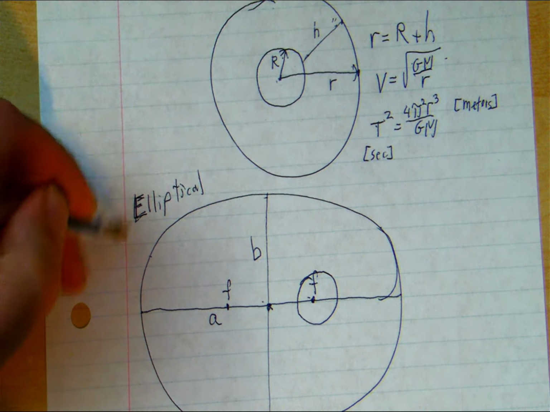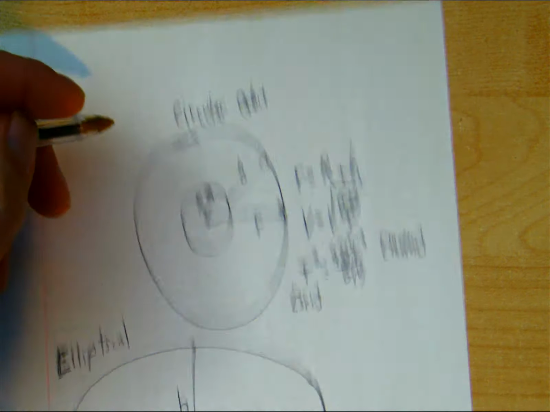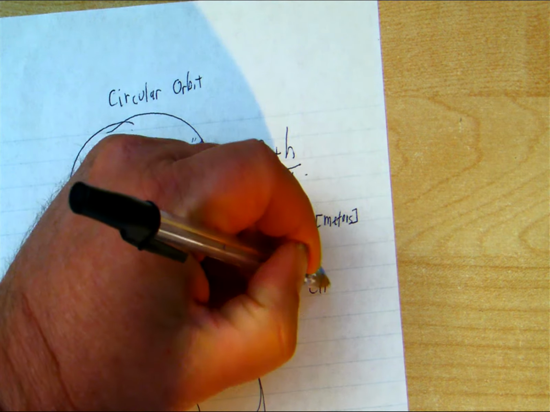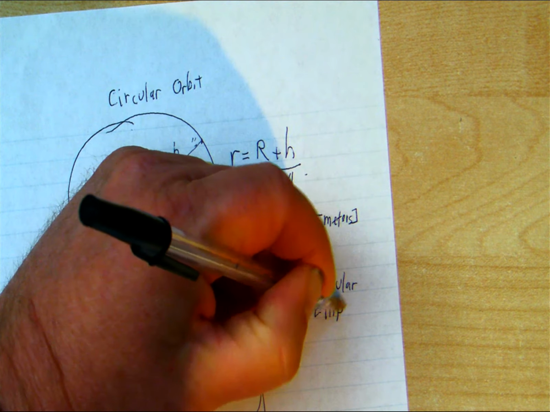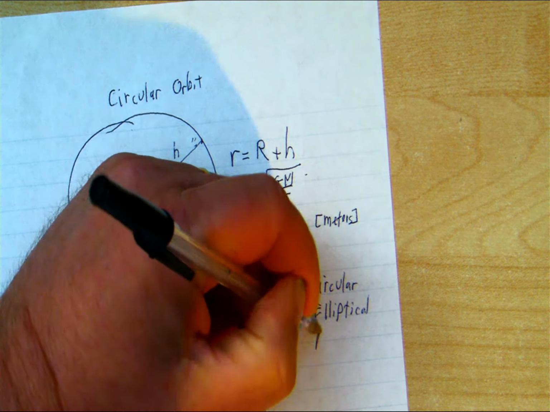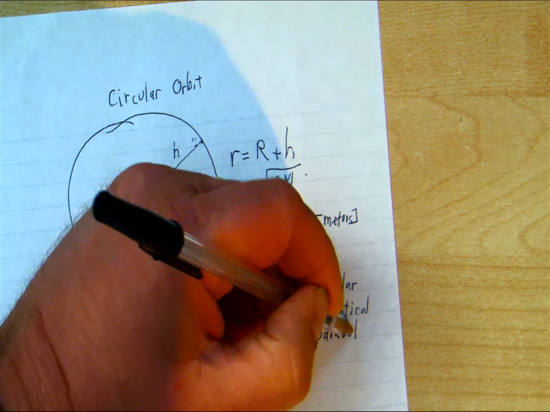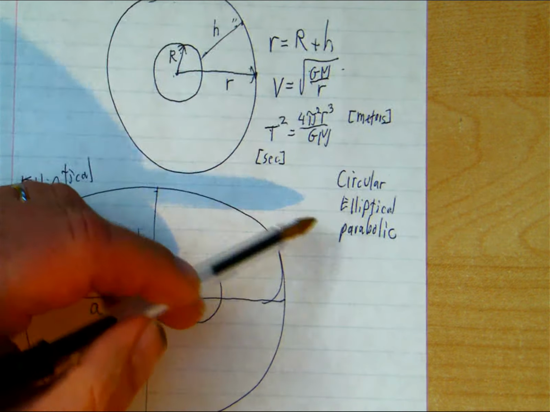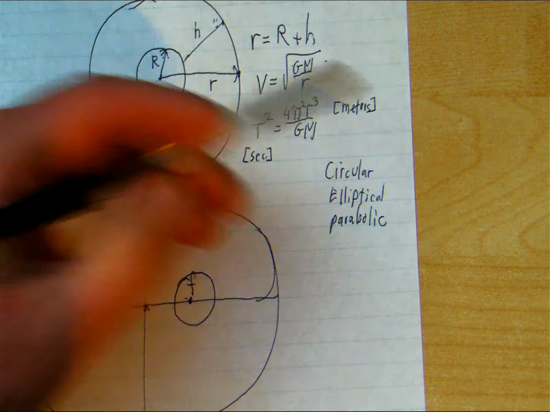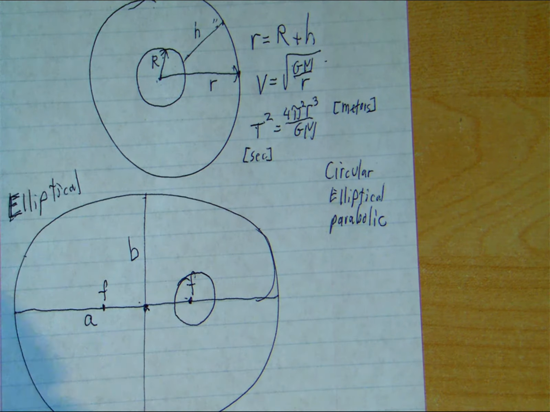As far as conic sections go, you can have circular orbits, you can have elliptical orbits, you can also have parabolic orbits. Comets occasionally come in on parabolic orbits, meaning they come in from infinitely far away and they go whizzing around their sun and then they go away off to infinity.